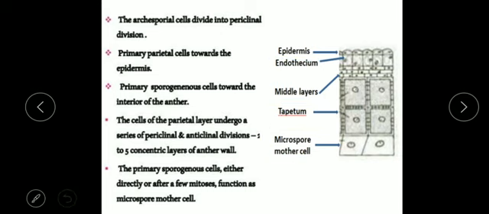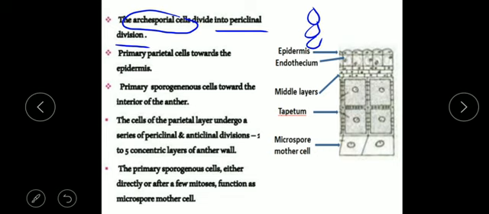In the theoretical part, the main keyword to remember is that the archesporial cell will undergo periclinal division. What is periclinal division? Just imagine there are many cells present, but when I say periclinal, it means the cells will divide in such a way that they form rows of cells in a parallel manner.